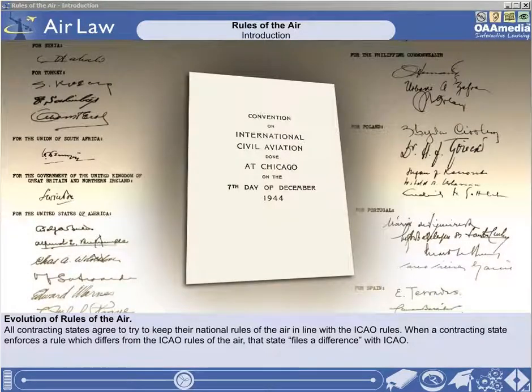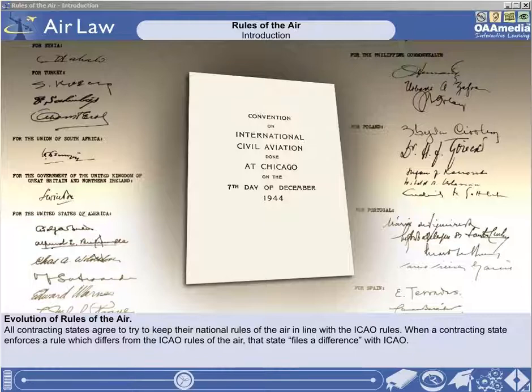Thus, all contracting states to the Chicago Convention agree to try to keep their national rules of the air in line with the ICAO rules. When a contracting state enforces a rule which differs from the ICAO rules of the air, that state files a difference with ICAO.